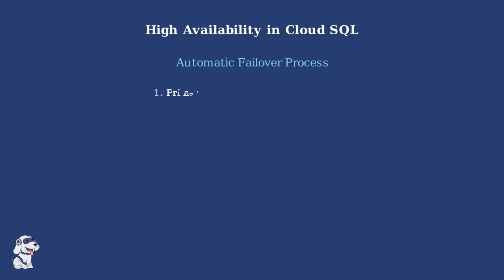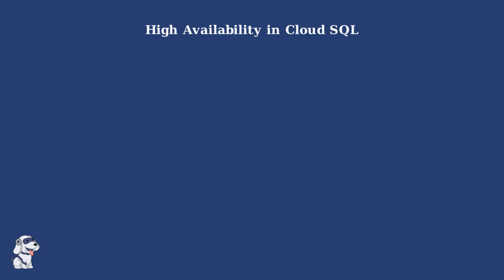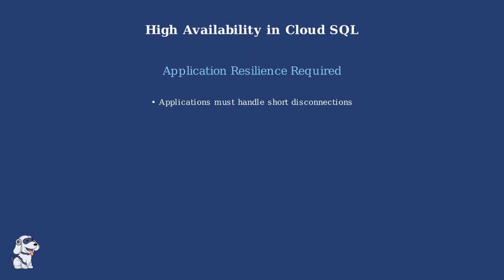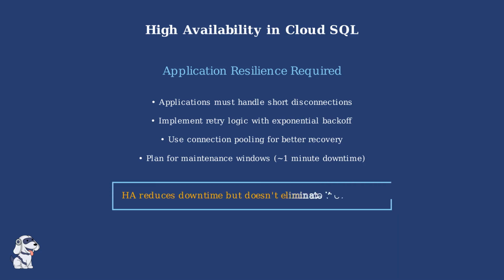When the primary instance becomes unresponsive, Cloud SQL automatically detects this failure and promotes the secondary instance to become the new primary. This process typically takes about 1 minute. While high availability significantly reduces downtime, applications still need to be designed for resilience.